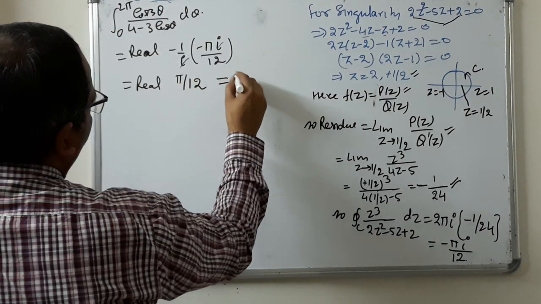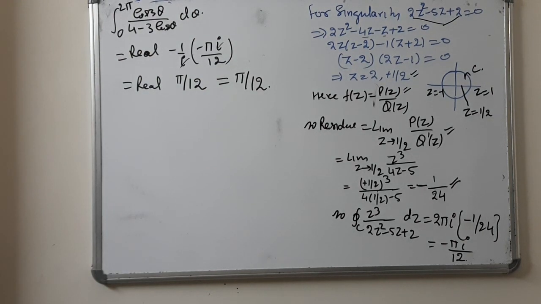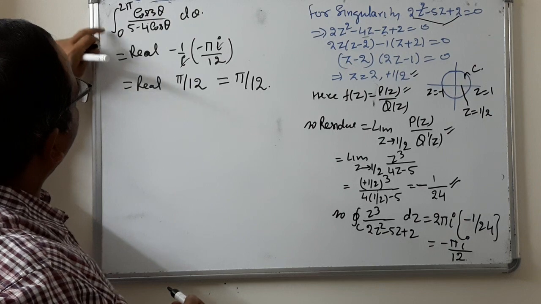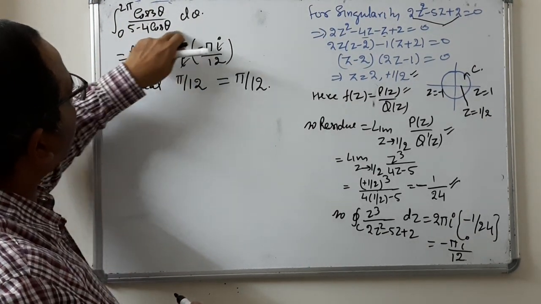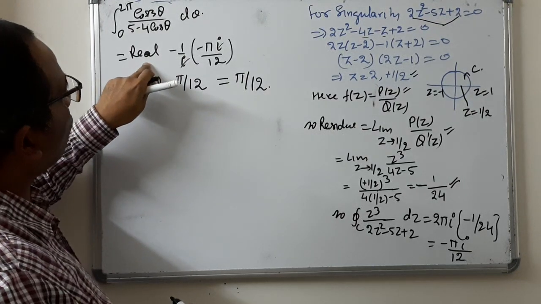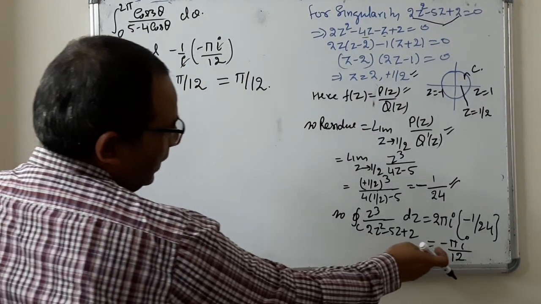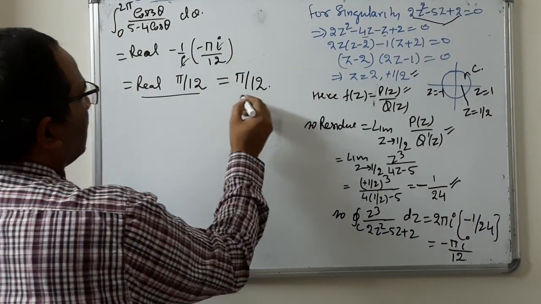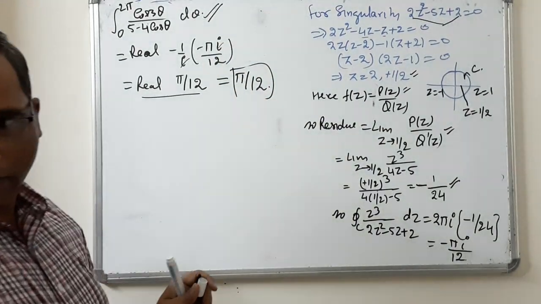The value of this is equal to π/12. So we get from here the integration from 0 to 2π of cos 3θ upon 5 minus 4 cos θ dθ, that is the real part of -1/i times the value of this integration, -πi/12. So we get the real part of π/12, that is π/12. This is the answer of this given question.